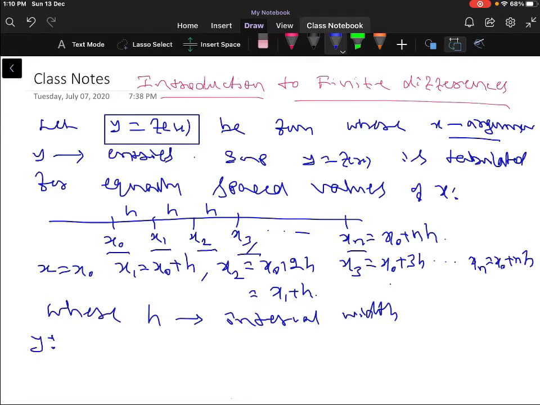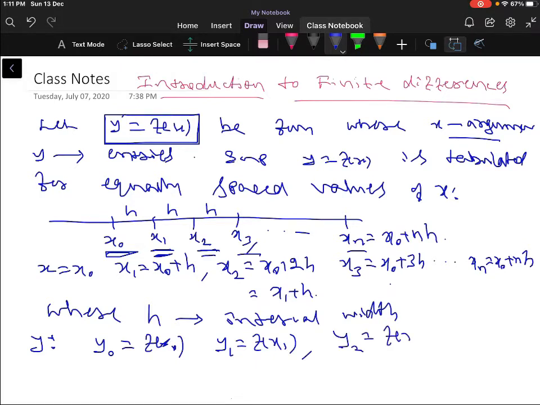And the corresponding values of y, let us define the values of y for the corresponding values of x. When x is equal to x0, for the function we will have y0, or we define f of x0. When x is equal to x1, we can define y1 is equal to f of x1. When x is equal to x2, we get y2 is equal to f of x2, and so on.